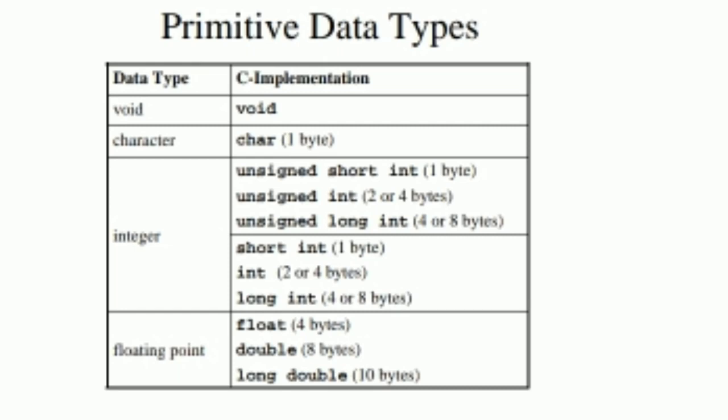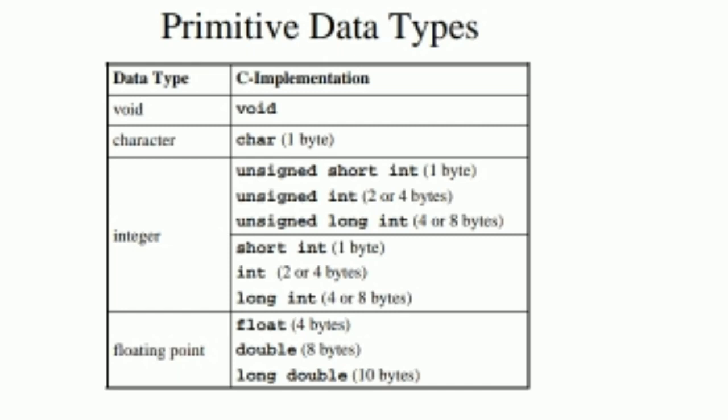Unsigned short integer, 2 bytes, ranges from 0 to 65535. Unsigned integer, 4 bytes, ranges from 0 to 4294967295. The ranges are that way.